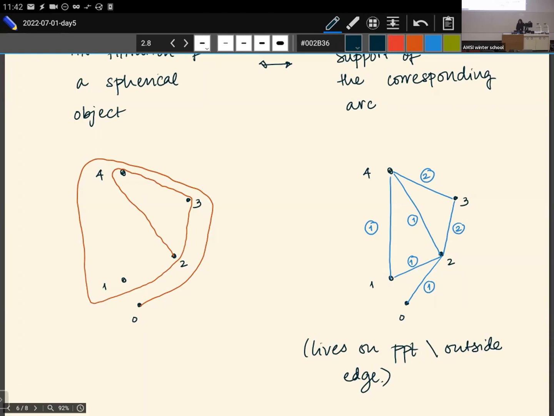And you can ask things like, okay, I have this object on the left here. I know that I can act by elements of the braid group. If I act by some element of the braid group, can I figure out how these numbers change? So the thing on the right is a combinatorial skeleton of the object on the left. You know exactly how the braid group acts on the left, but it's quite complicated. Can you just describe that in terms of numbers? So that's a reasonable question.